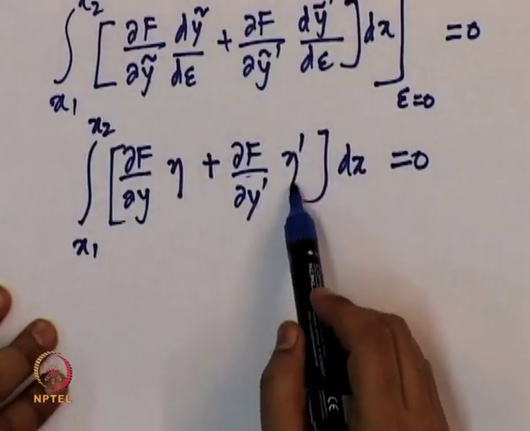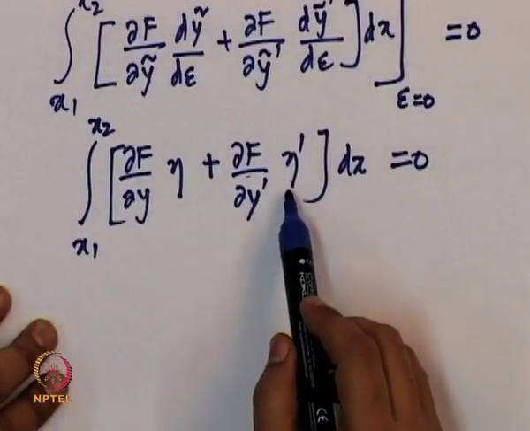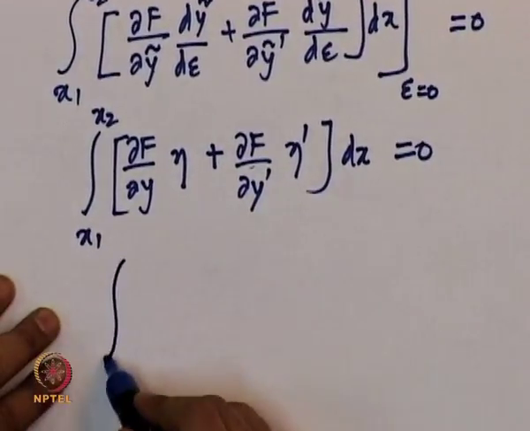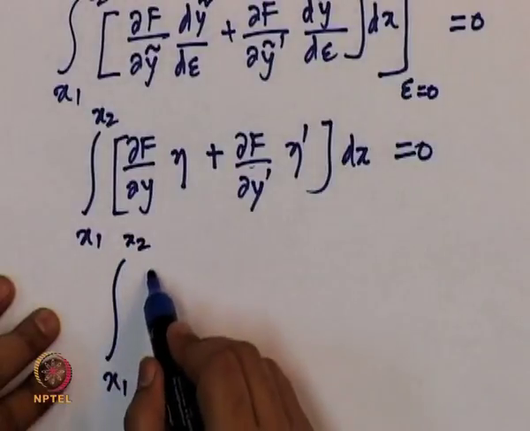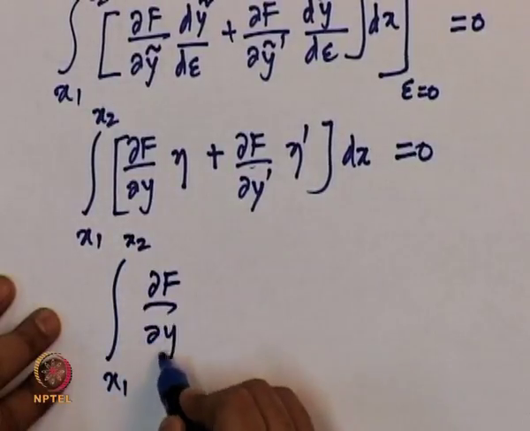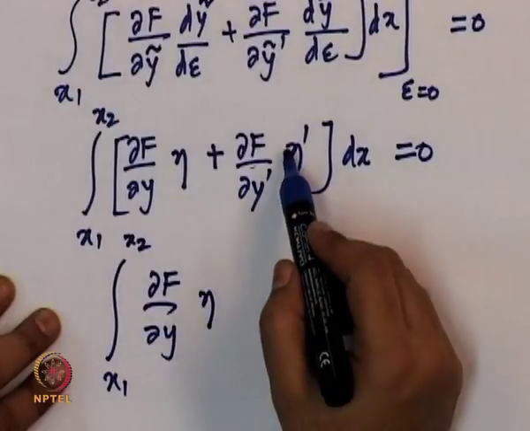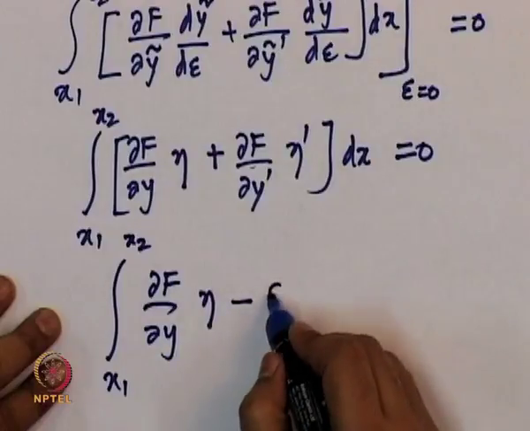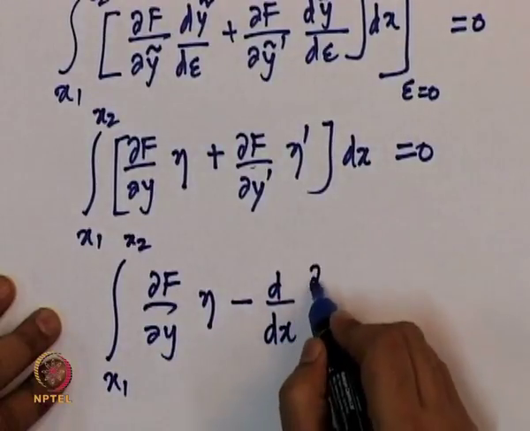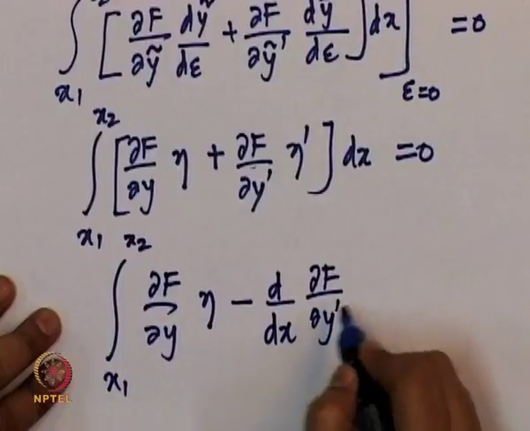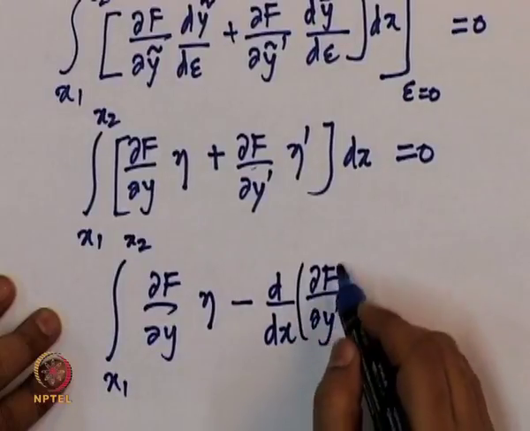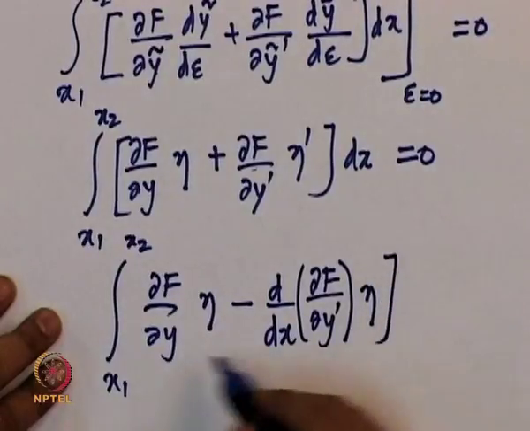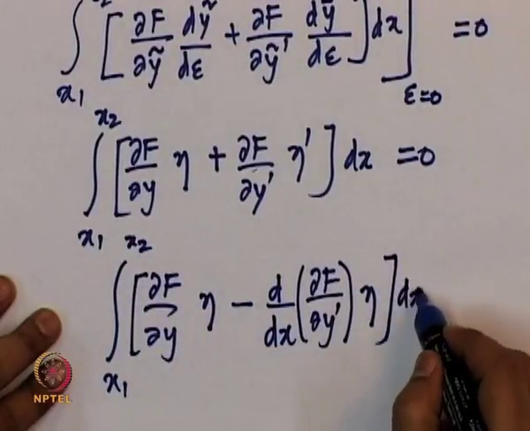Now, eta prime is nothing but d eta by dx. So, I can do an integration by parts, and that gets me to the point integral x1 to x2 dou f by dou y times eta. If I take d by dx and put it in front of this, I get minus d by dx of dou f by dou y prime times eta integral dx.